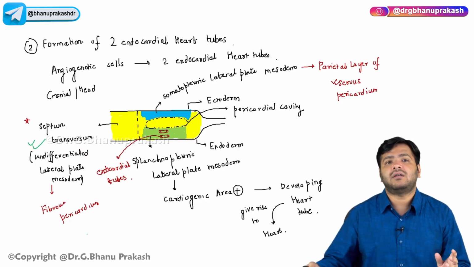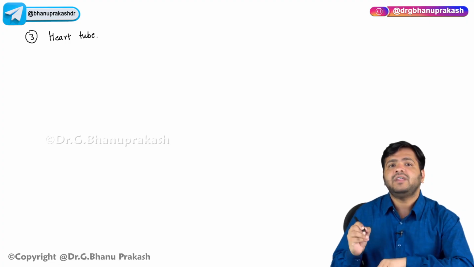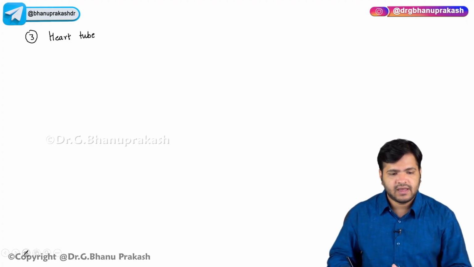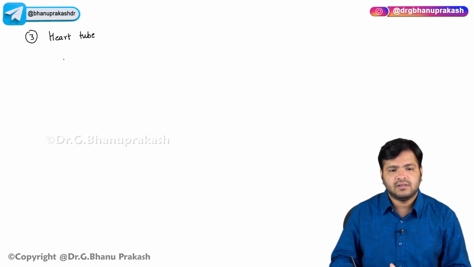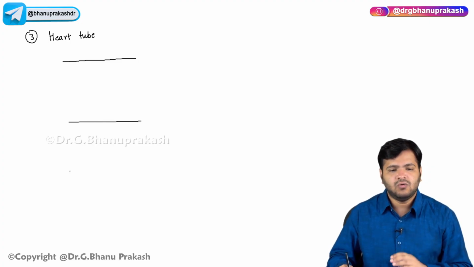Now coming on to the heart tube. You already know we have the splanchnopleuric lateral plate mesoderm. So let me just highlight this. I'm taking this area out, okay.